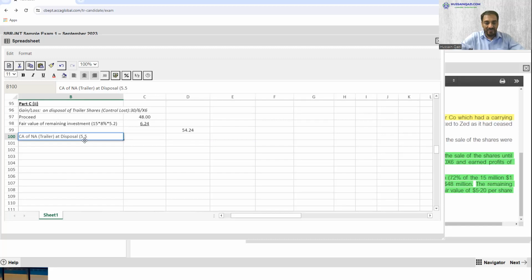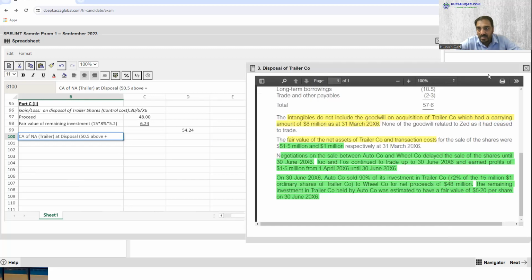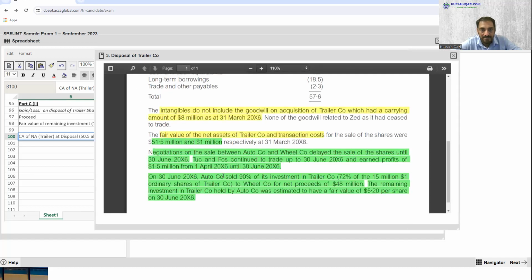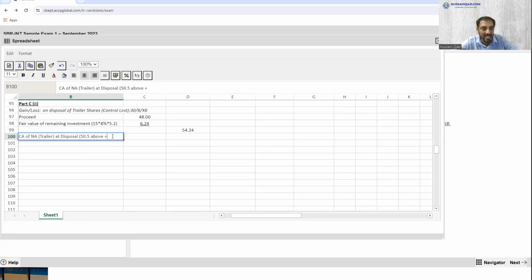So 50.5 as above plus, as mentioned, Trailer continued to trade until 30th June X6 and earned a profit of 1.45 million from 1st April X6, that means after the year end until disposal. So 50.5 plus 1.5 profit.